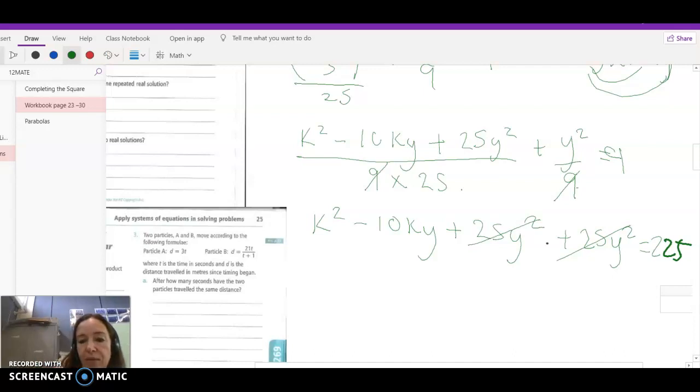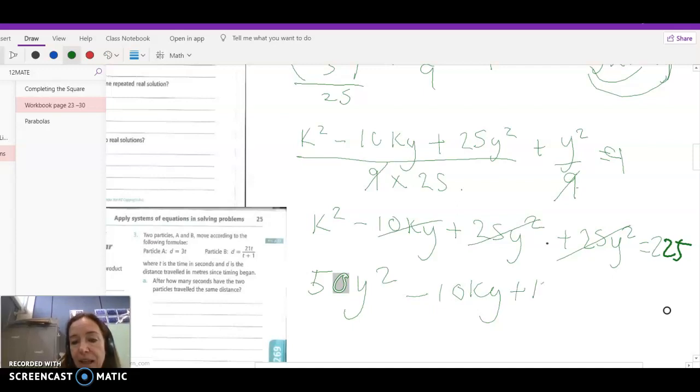So I have got, when I add those together, 50y squared, and then minus 10ky, which is that one there, and then I'm going to have plus k squared minus 225 equals 0.